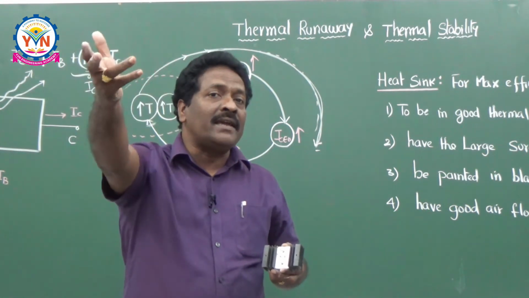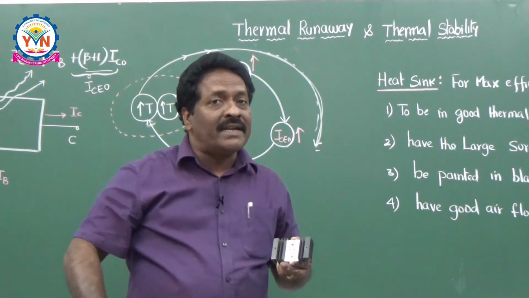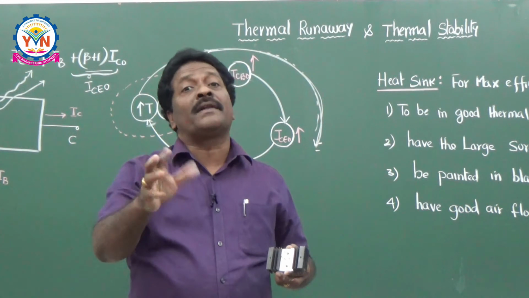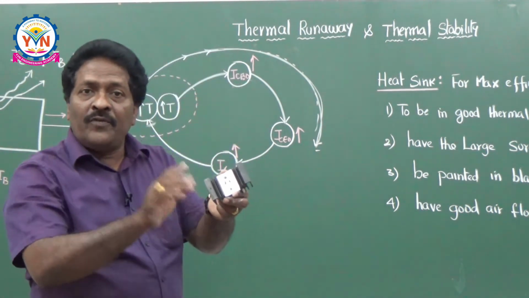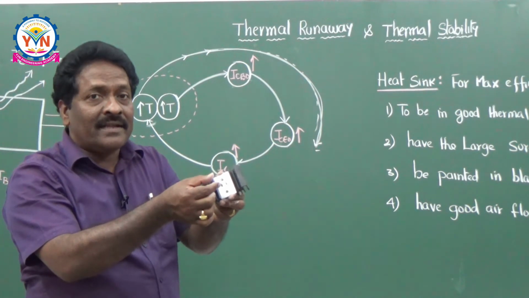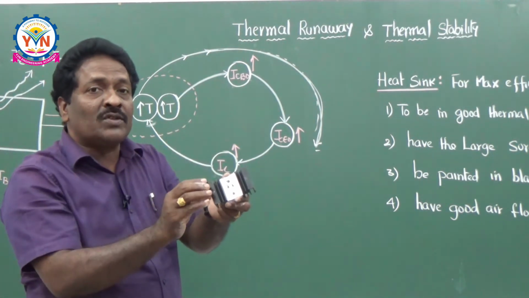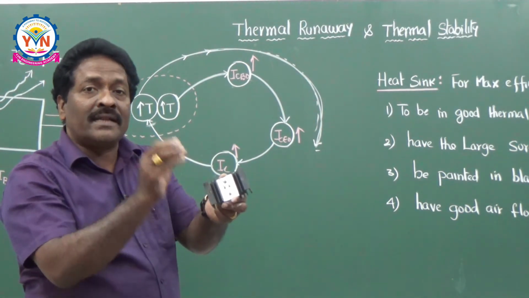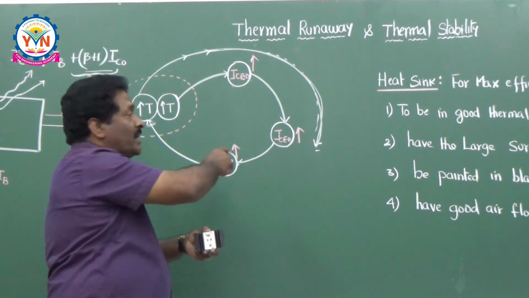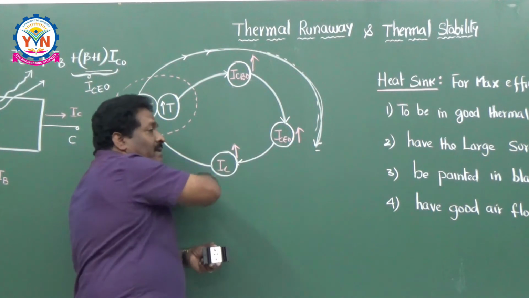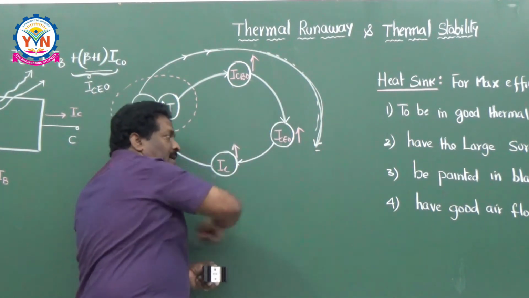If you are not taking care of the heat generating inside the body, then the person is going to be damaged. Exactly here also, if you are not in a position to remove the heat immediately, the transistor is going to be damaged. That is only because of this thermal runaway. IC increases, temperature increases, again IC increases, temperature increases.